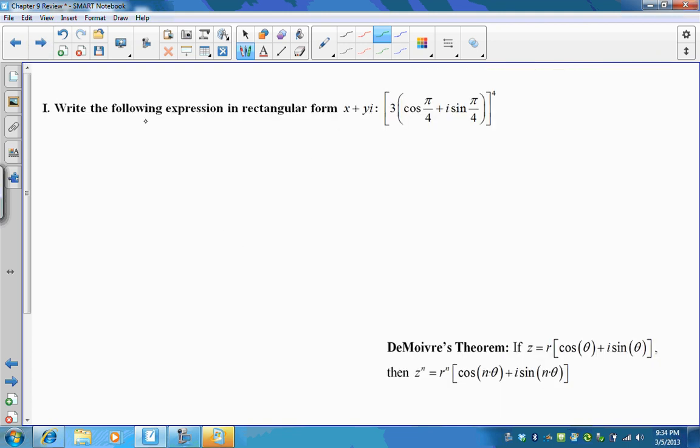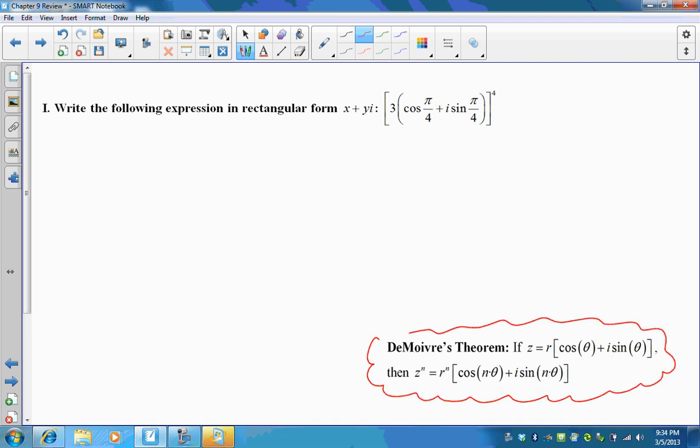Section I, this is DeMoivre's theorem, where I want you to raise this thing to the power of 4. Following the formula, which I will give you, real simple. It's this stuff to the 4th power, so this is just that formula with n equal to 4. You do your r to the n power, so 3 to the 4th power.